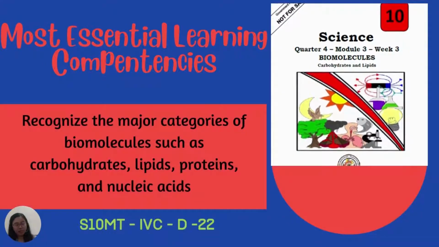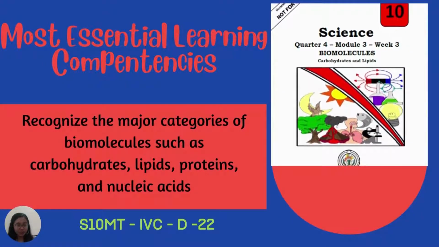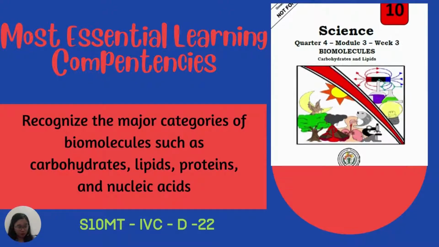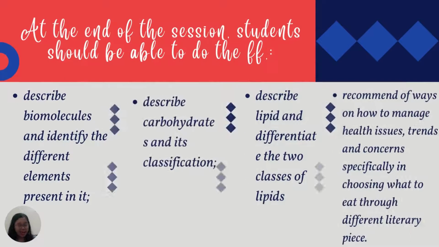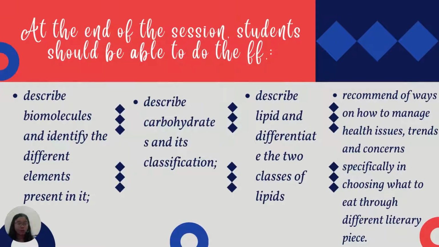This module will help you recognize the major categories of biomolecules such as carbohydrates, lipids, proteins, and nucleic acids. Specifically, at the end of the session, you should be able to do the following. Number 1, describe biomolecules and identify the different elements present in it. Number 2, describe carbohydrates and its classification.